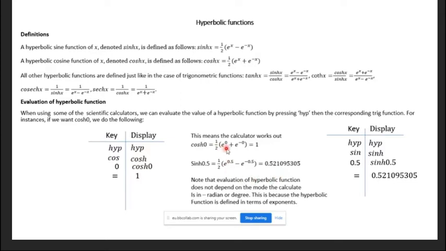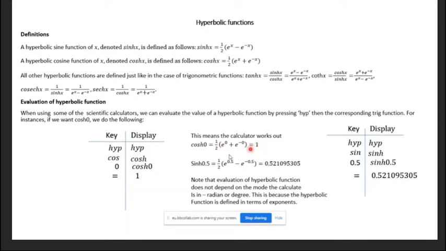So it will be half of e to the exponent 0 plus e to the exponent negative 0. We know that e to the exponent 0 is 1, and e to the exponent negative 0 is the same as 1 over e to the exponent 0, which is still 1. And 1 plus 1, divided by 2, gives you 1.